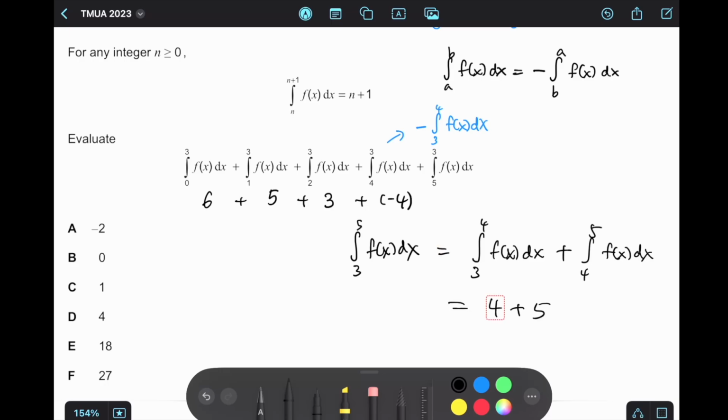And since here we basically just swapped the order of the 3 and the 5, we just have to negate the result. So the result here is 9, so the result we are actually looking for would be negative 9. This gives the final result, which is 6 plus 5 plus 3 minus 4 minus 9, which is equal to 1.